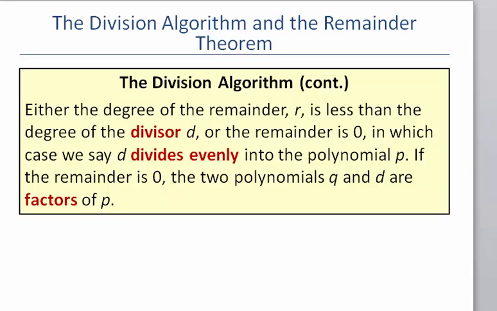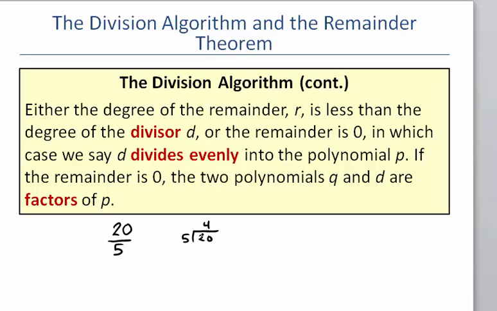Either the degree of the remainder r is less than the degree of the divisor, or the remainder is 0, in which case we say that d divides evenly into the polynomial. If the remainder is 0, the two polynomials q and d are factors of p. So what this means is that if we do a division problem and we get no remainder, for example, let's say that we were taking 20 and dividing it by 5.